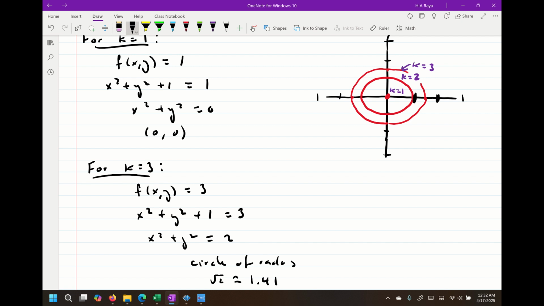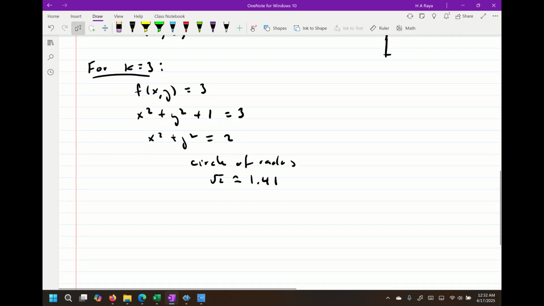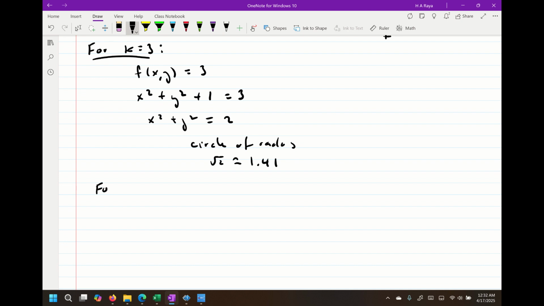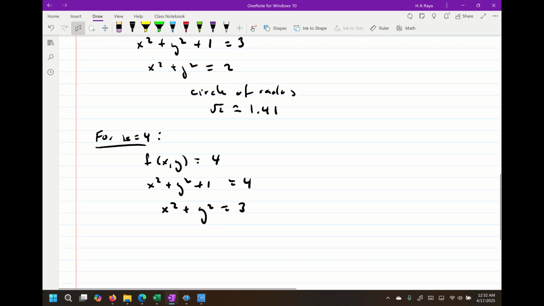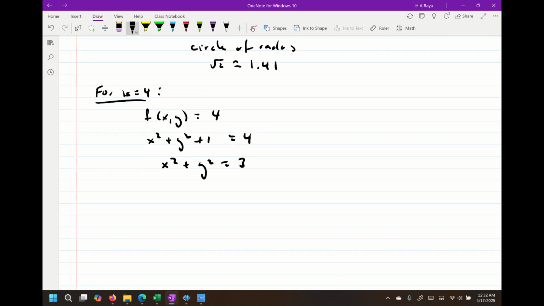One more to go. When k is equal to 4, let's see what that looks like. Again, set f of xy equal to 4. So x squared plus y squared plus 1 is equal to 4, so x squared plus y squared is equal to 3. This would be a circle of radius, pardon, radical 3.